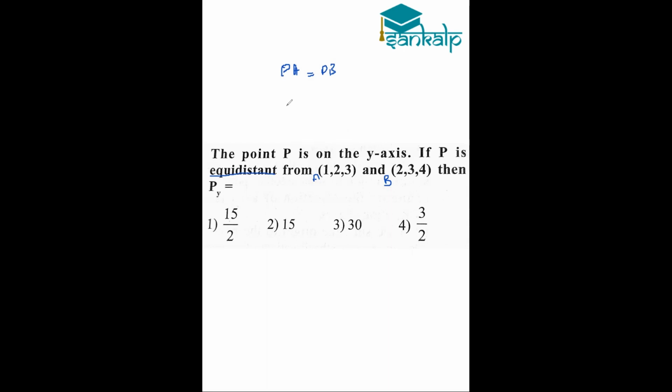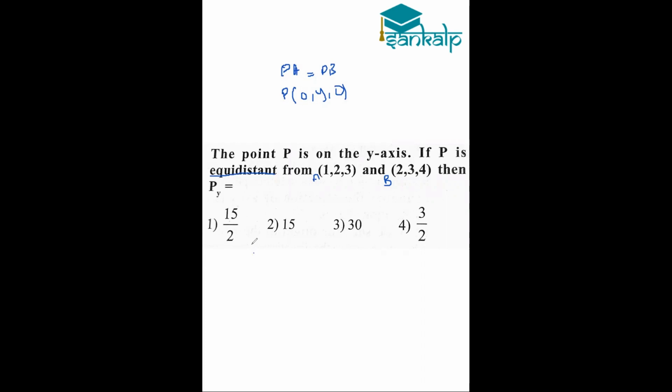Since the point P is lying on the y-axis, its coordinates will be (0, y, 0). So this will be the coordinates of the point P. Using these coordinates and simplifying, we get PA is equal to PB.